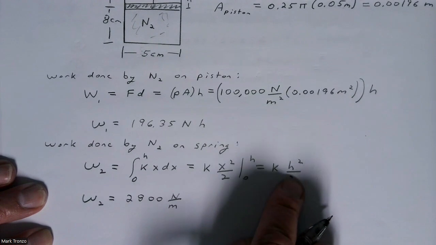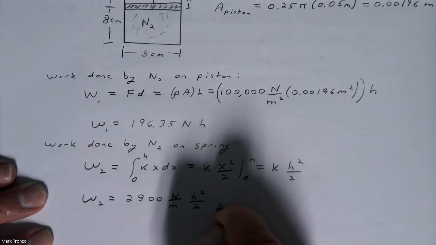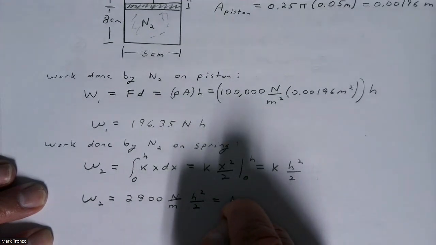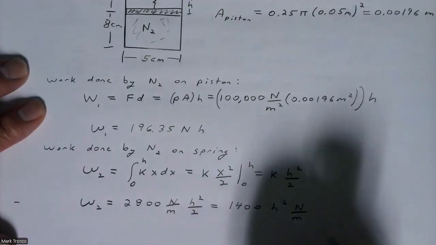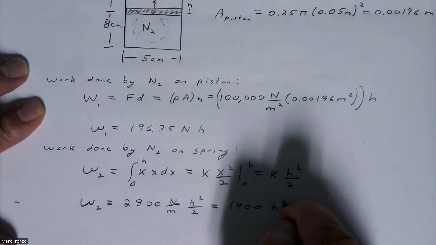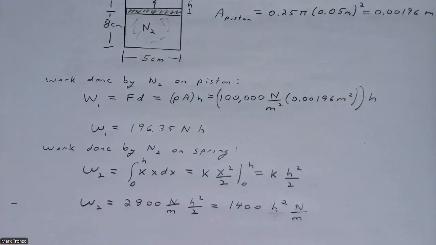And then over here, this is going to be h squared divided by 2. So we could write this as 1400, and again, we'll end up with 1400 h squared newton meters, like this. So the total work done by the nitrogen is going to be W1 plus W2.